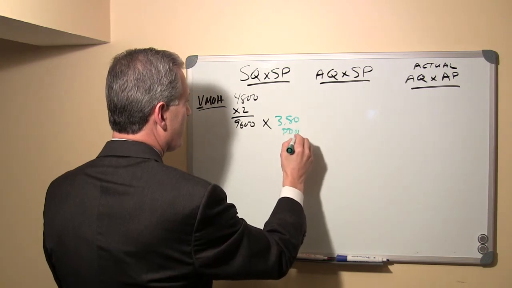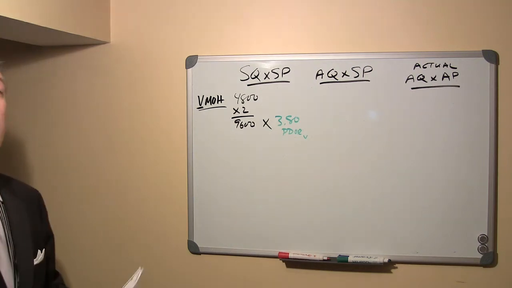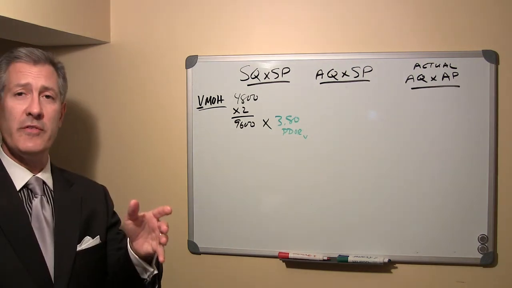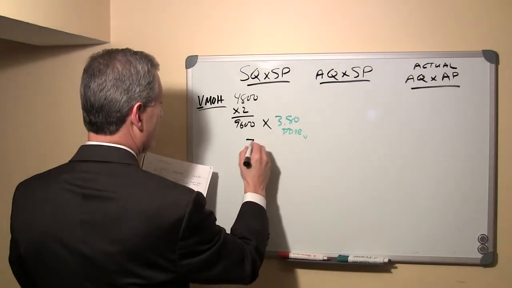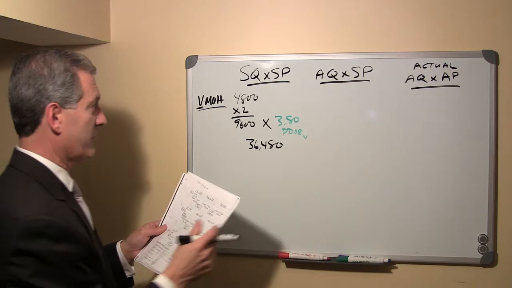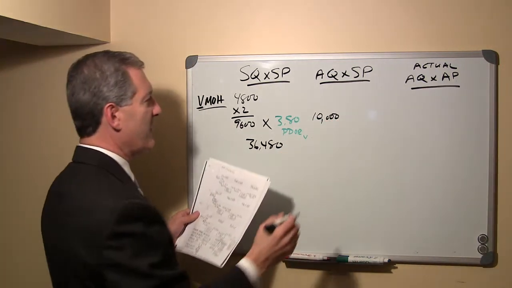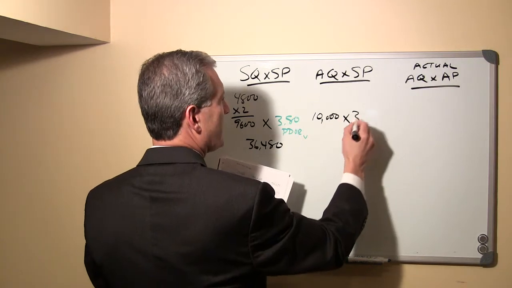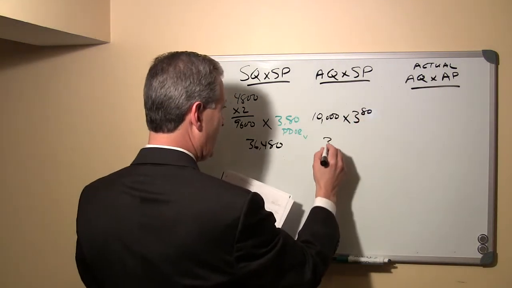That is your predetermined overhead rate for variable manufacturing. That's why you calculated the predetermined overhead rates at the very beginning of the problem. This number is $36,480. The actual quantity we saw in the previous calculation, 10,000 hours. Standard price is still the same, $3.80. This number is $38,000.